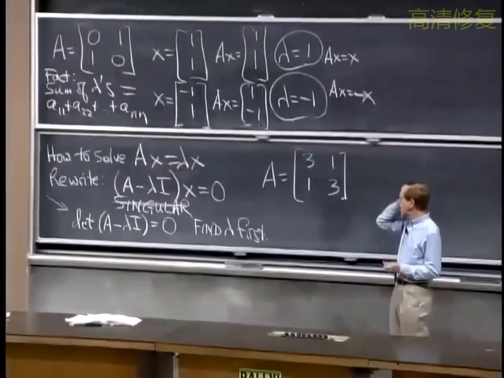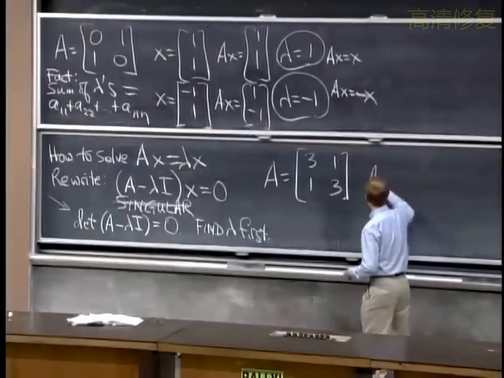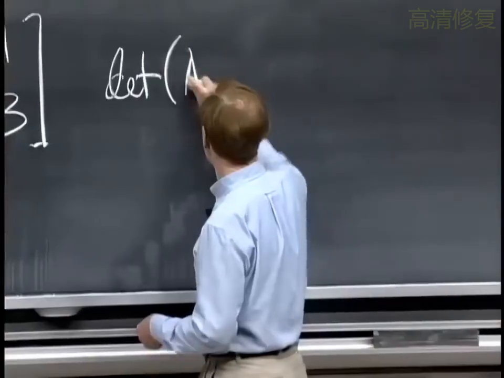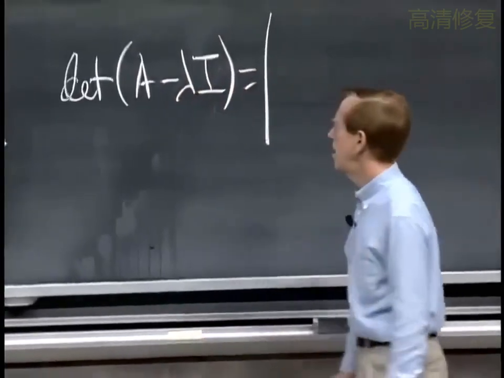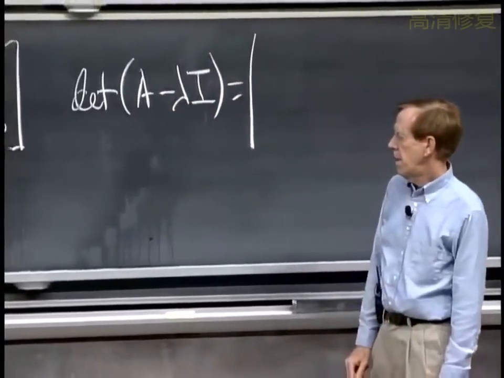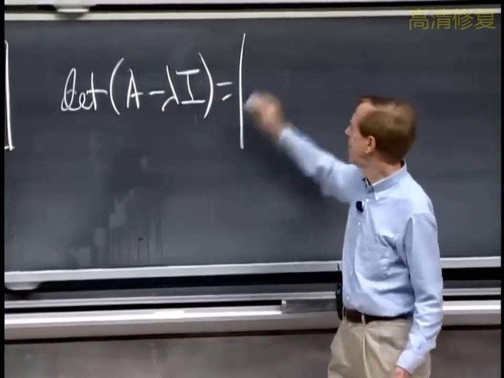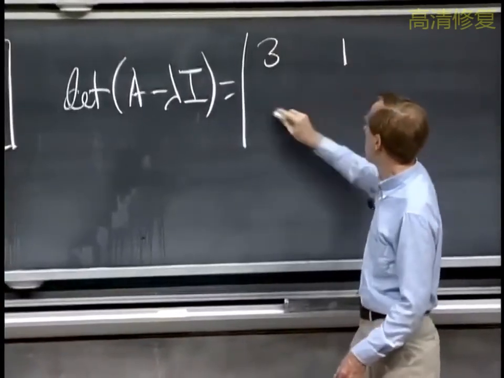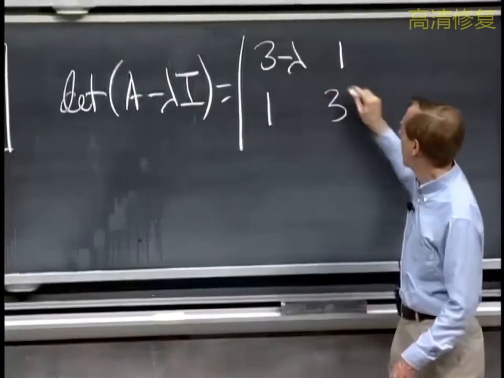Okay, let's do the job here. Let's compute the determinant of A minus lambda I. It's the matrix A with lambda removed from the diagonal.